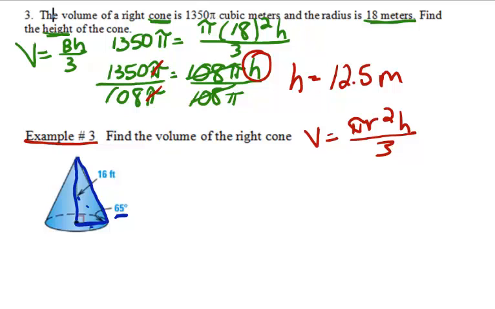The side that I have a measure for from 65 degrees is the opposite leg, and I'm looking for the radius, which is the adjacent leg to that angle measure. So if you remember, opposite over adjacent is tangent, so I'm going to use the tangent of 65 equals the opposite over the adjacent, and that's how I'm going to get the radius for this problem.